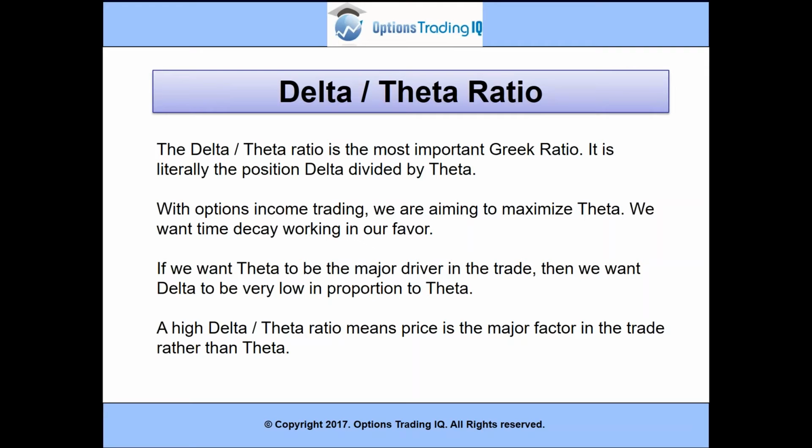So if you're trading bull put spreads or bear call spreads, you're going to have a high delta and you're going to have a high delta theta ratio. If you want to be a neutral trader, which is the way I do things, you want to have a really low delta theta ratio. And if that starts to get to certain parameters that we don't want to hit, that's when we start to bring it back into line, and I'll show you how we do that.